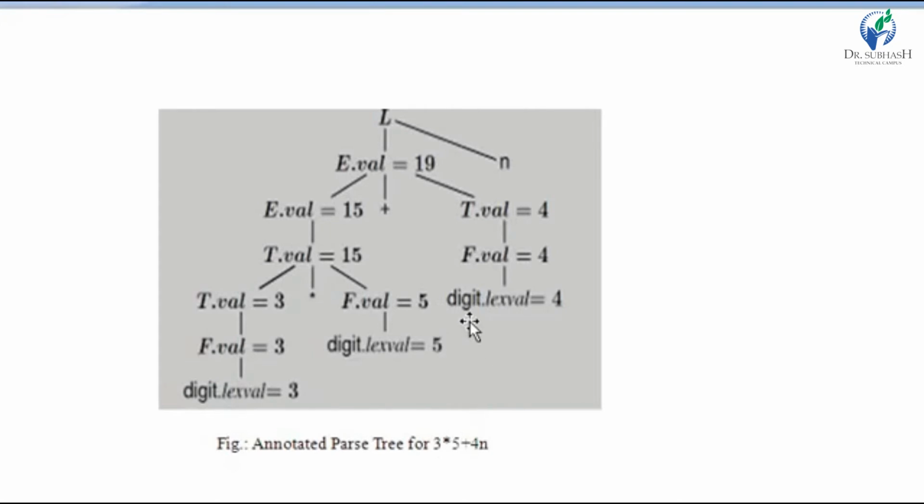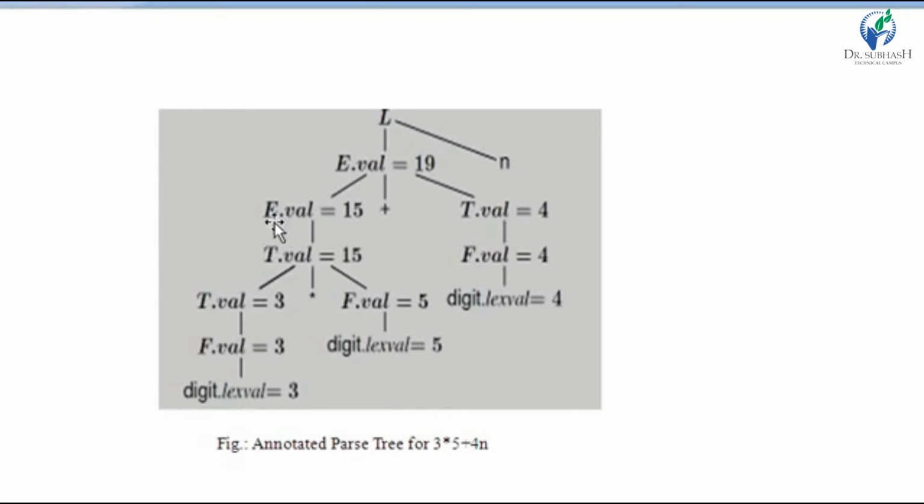Then 4. 4 is your lexical value, so digit.lexval is equal to 4. F gives digit, so F.value is equal to 4. T gives F, so T.value is equal to 4.